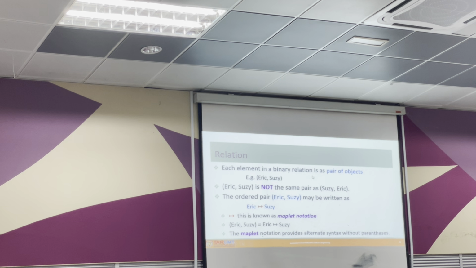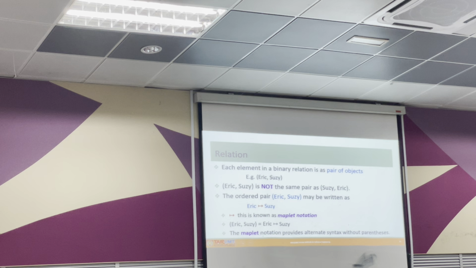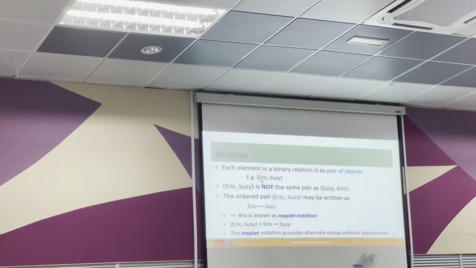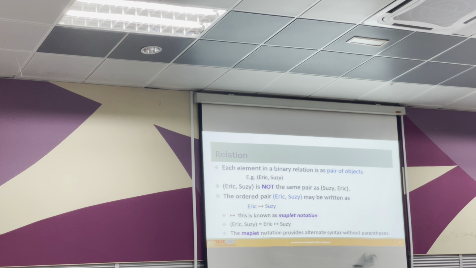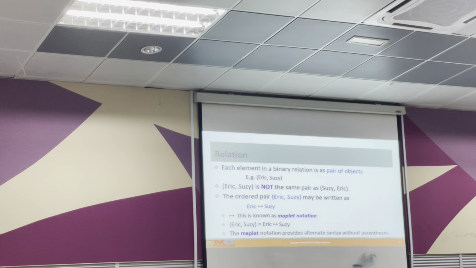If we are talking about a pair of objects, normally in your normal coordinates you put bracket, comma, bracket. With x and y, you separate them by a comma. That is what we did in our coordinates.